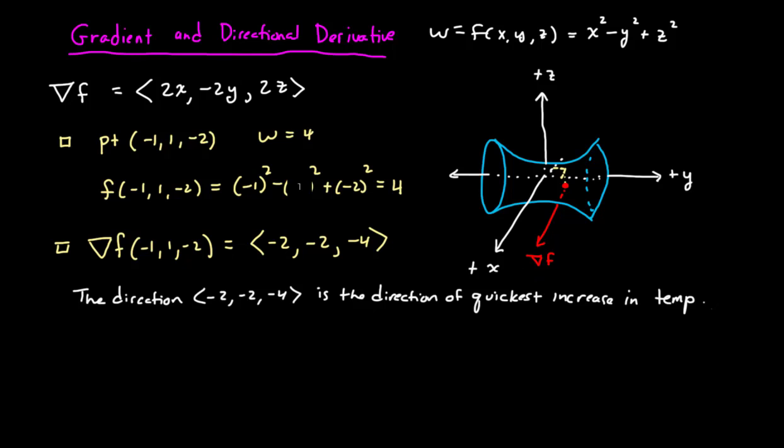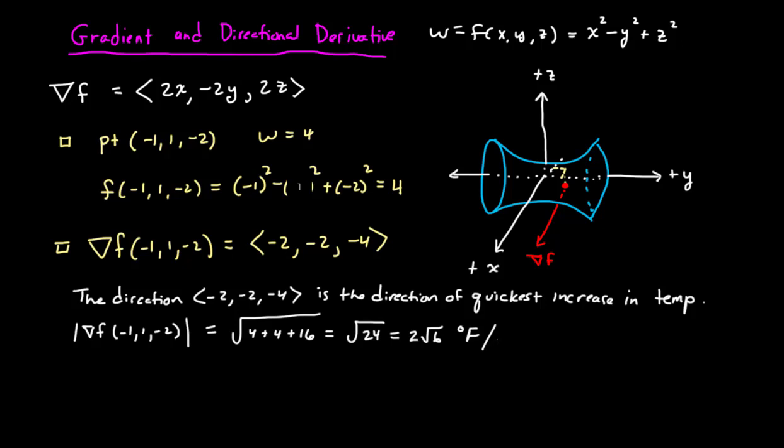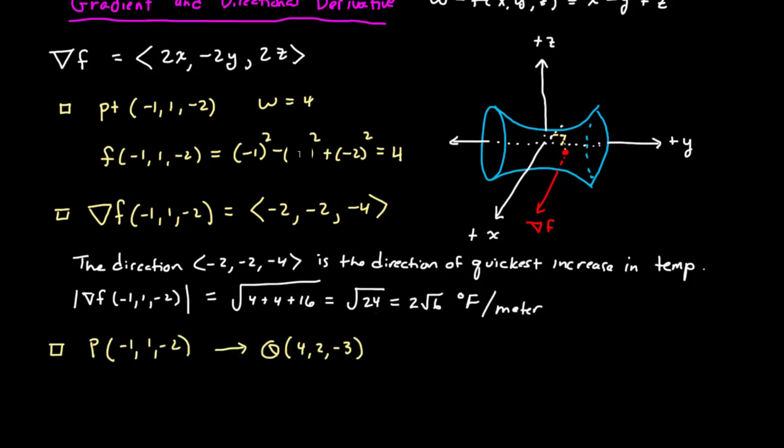So this means now that this gradient at point P is the direction of quickest increase, in this case temperature. And the maximum increase in temperature is 2 radical 6 degrees Fahrenheit per meter. Now the directional derivative works the same way as we did earlier.